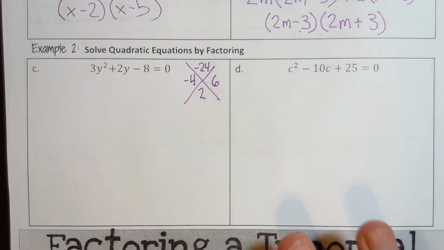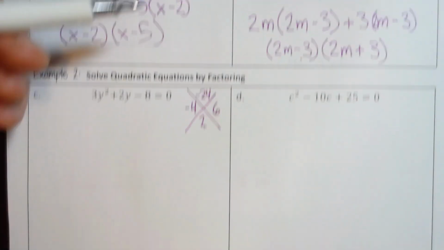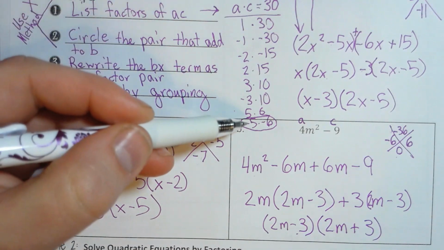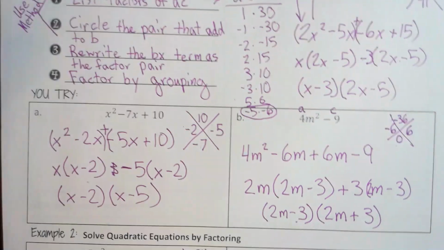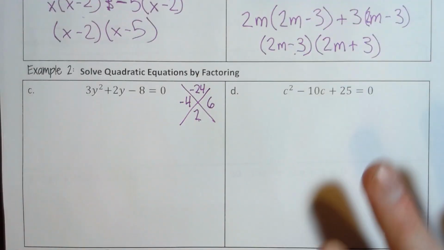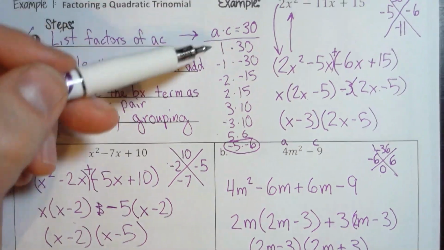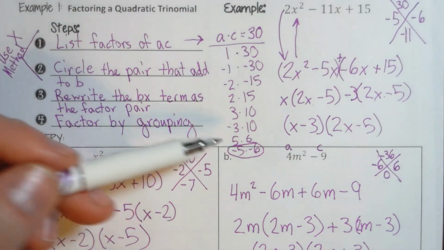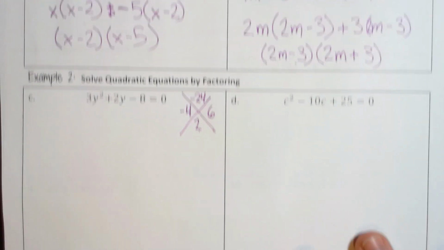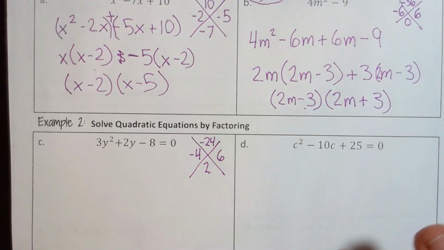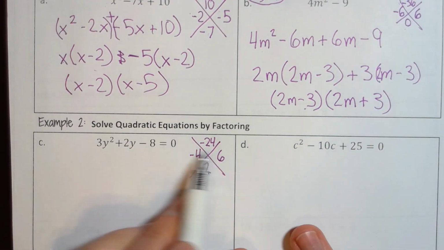If that took you a lot longer than it took me, that's okay. That's because you're not the math teacher, right? If you need to go through a list of factors either in your head or on a piece of paper, that is just fine, okay? But don't say, I can't get it, because anybody can list all the factors, right? What times what equals this? Go until you can't come up with any more, and then circle the ones that add together to give you 2.